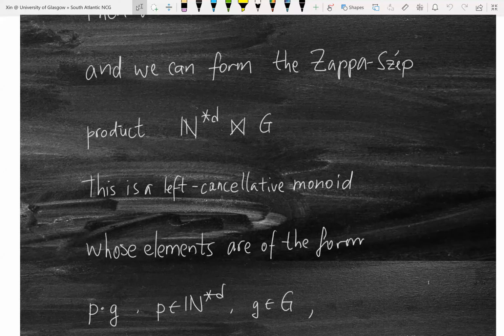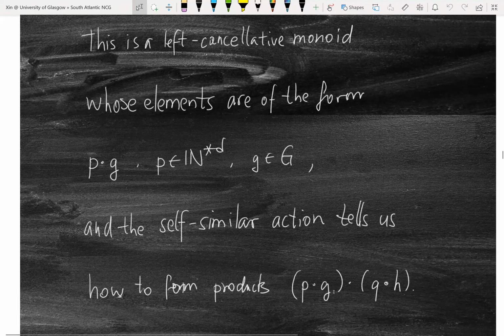So really what I need to do is move this group element to the other side of a free monoid element. There's a rule for how to move this across, and this is precisely encoded by the self-similar action. So this is the idea how to form this Zappa-Szép product out of this self-similar group.